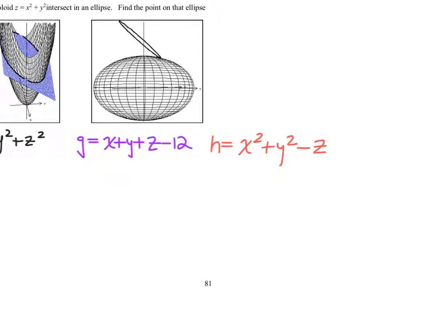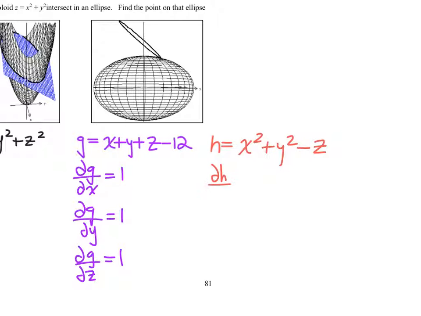And I need all those partials. So partial g with respect to x, one across the board, so that's nice. So 2x, 2y, and negative 1.